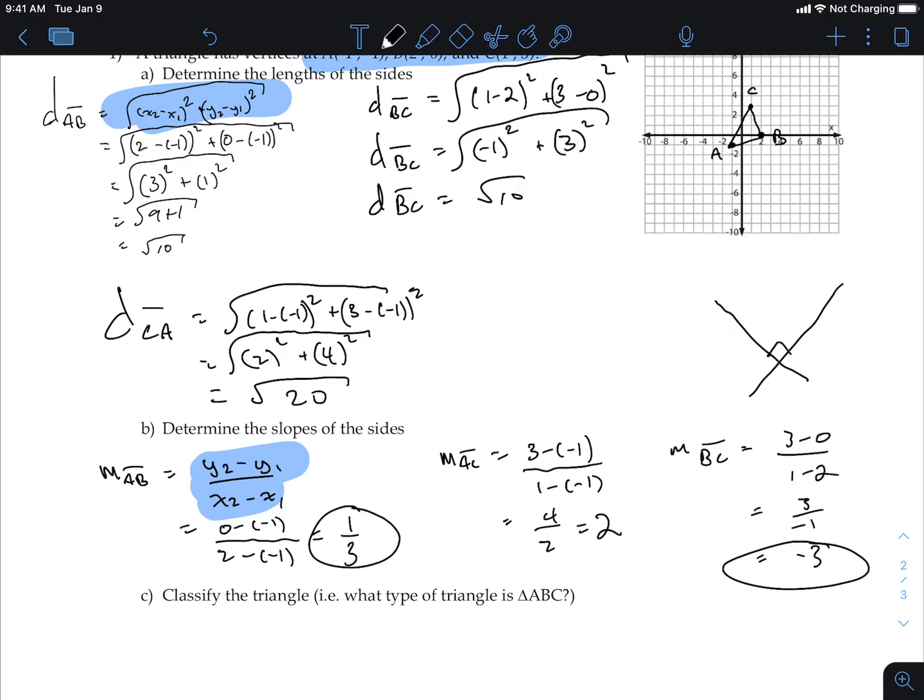Now, in relation to our triangle, what must that mean? It is a right-angled triangle. So you're allowed to use SOHCAHTOA or whatever you want on it. It's a right-angled triangle because 2 of these slopes are negative reciprocals of one another.